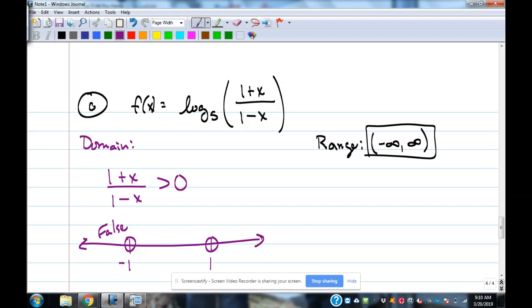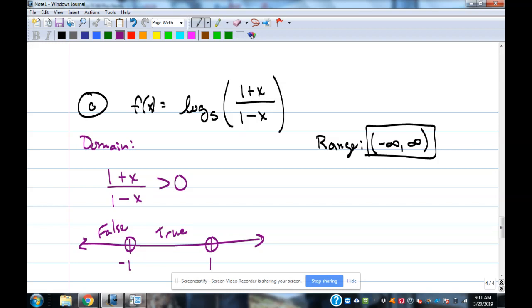Okay. Pick a number between -1 and 1. 0. That's a wonderful one. 1 plus 0, 1 minus 0. 1 over 1 is greater than 0. So it's true in between there. That may be the only interval that's true. It could be that this one is too. We just skip the 1.